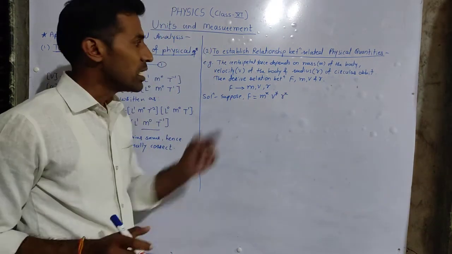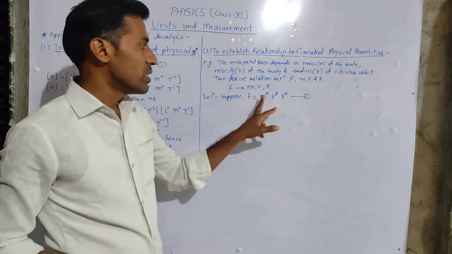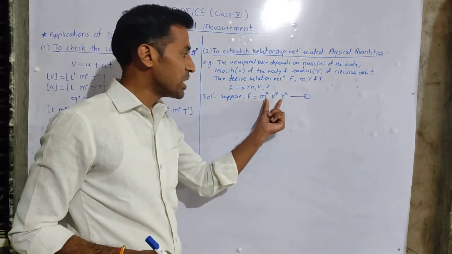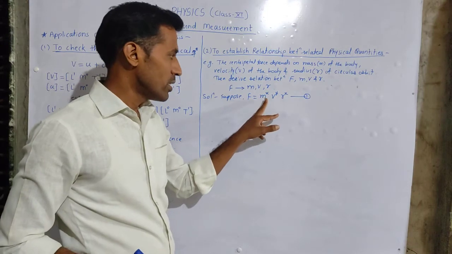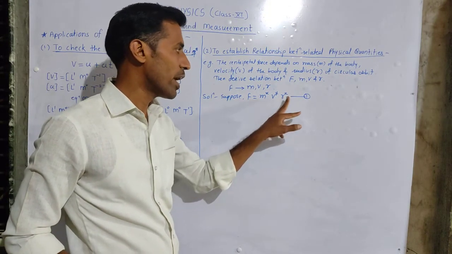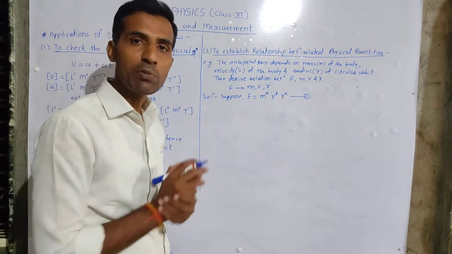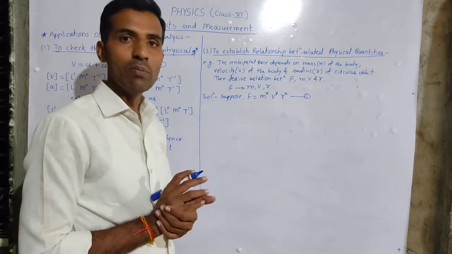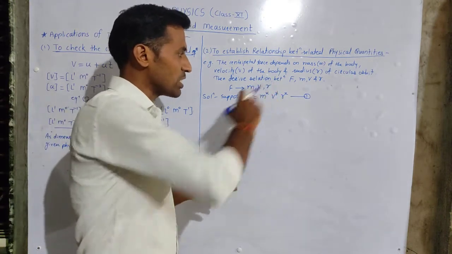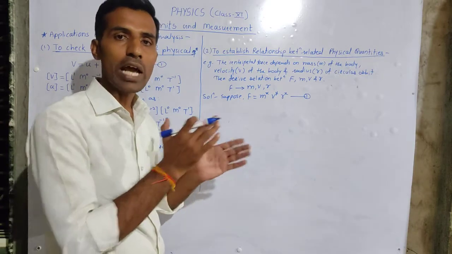Let's consider that mass, velocity and radius are multiplied with each other, and let's write the power of mass as x, power of velocity as y, and power of radius as z. We have assumed this physical equation between these four terms. Maybe this relation is present there. We have just assumed. We don't know the actual relation between them.